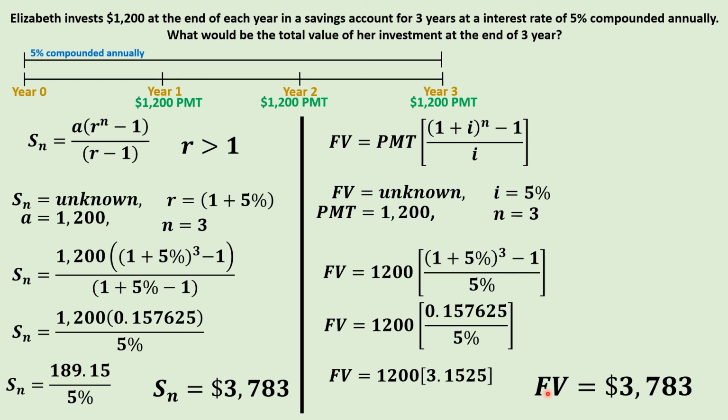You're right. It's going to be $3,783. So it's the exact same amount we've calculated. So we now understand that the geometric series or the geometric formula that we've arrived at is used for annuities, and we can use that to solve any annuity question.